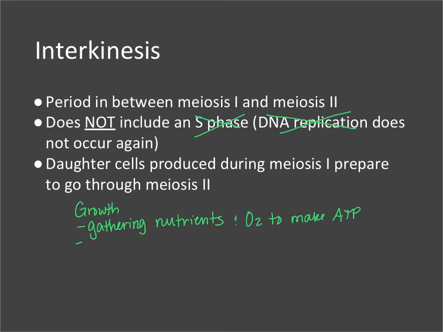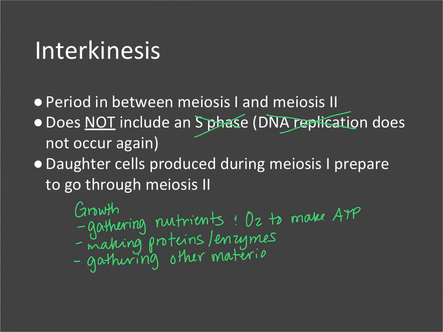It's also going to be making proteins, because it needs proteins, enzymes, et cetera. It might be gathering other materials in order to make new cell membranes and the proteins associated with separating their structures, making lipids and cholesterol to go into the cell membrane, et cetera. So we can say gathering other materials needed to make cells.